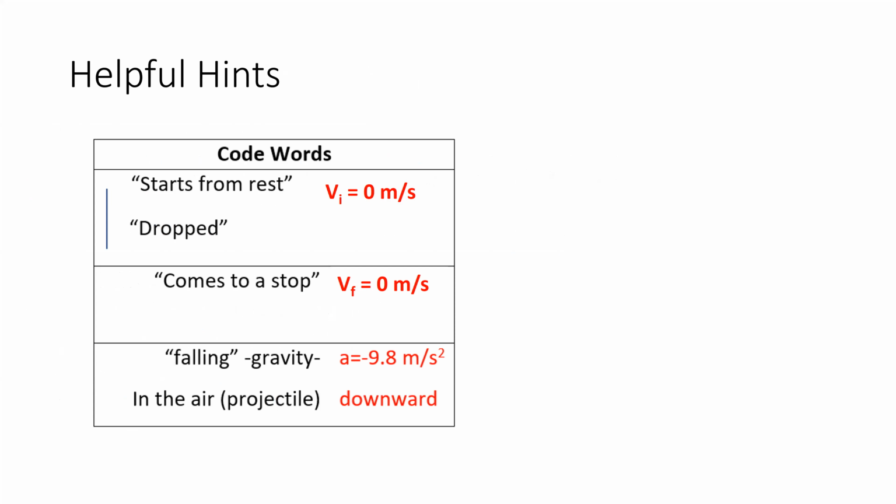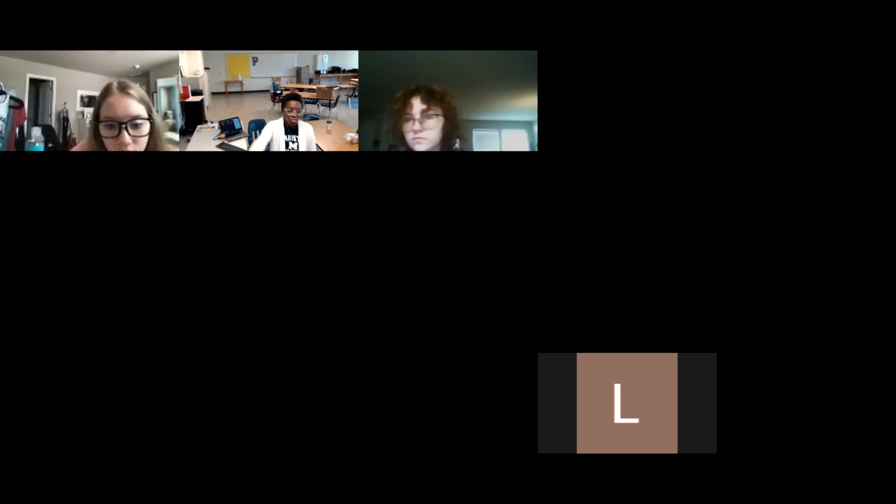Some of this stuff we should already know. If you see something like it starts from rest, or it was dropped, okay, look at me for a second. If I were to drop my phone right now, what is the initial velocity of my phone? How fast is it moving? It's at rest.